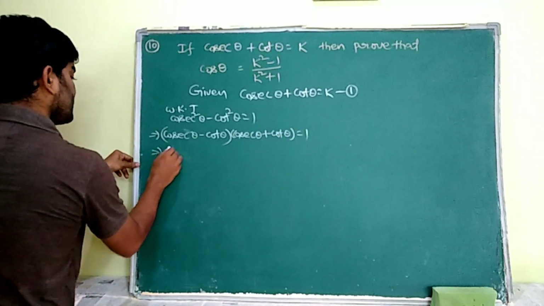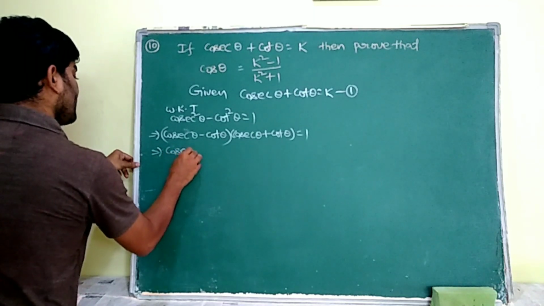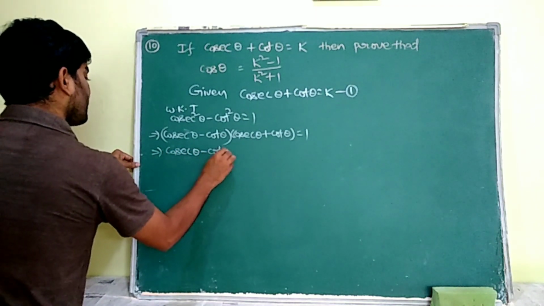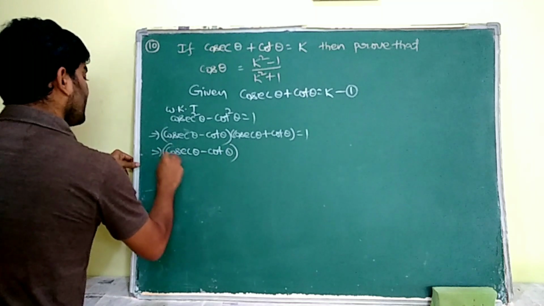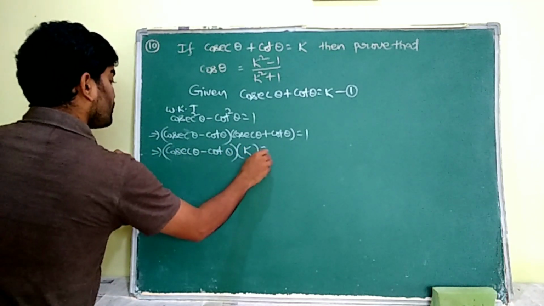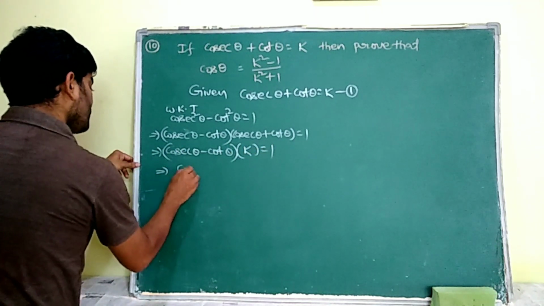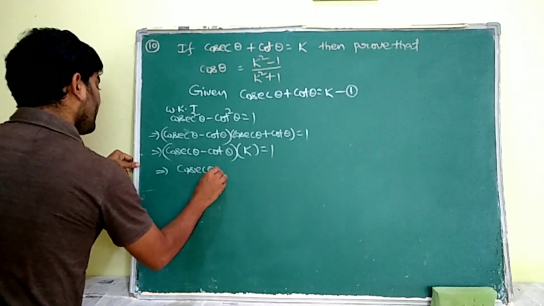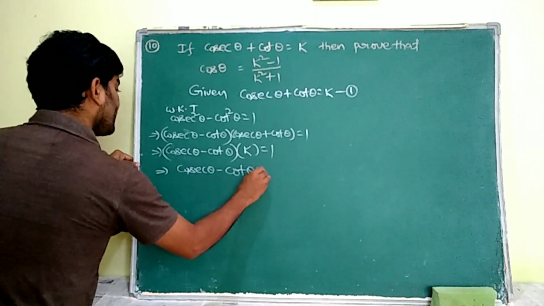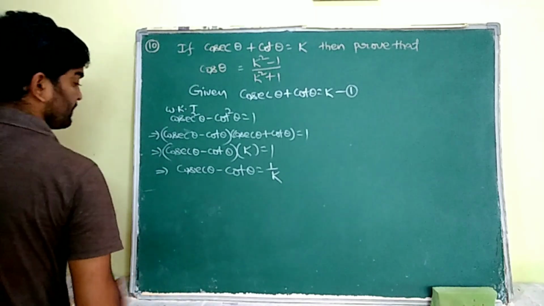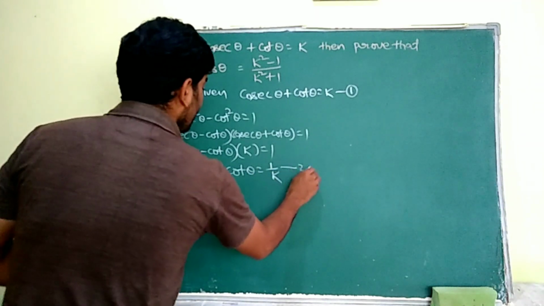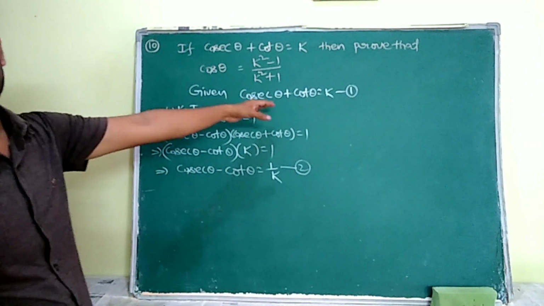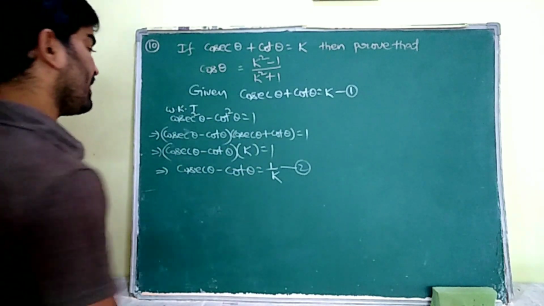So cosecant theta minus cot theta into k is equal to 1. So cosecant theta minus cot theta is equal to 1 by k. Let it be 2. That is equation 1 and this is equation 2.